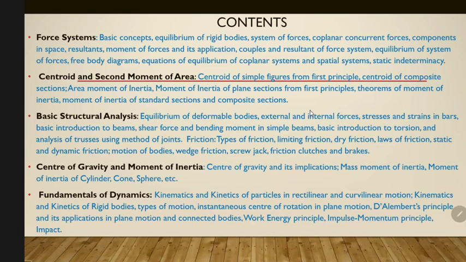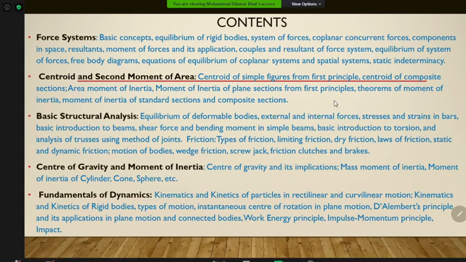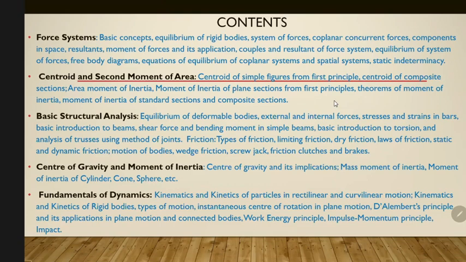In this chapter, and then we have the second chapter, in which we will be talking about centroid and second moment of area. And the third chapter is basic structural analysis.